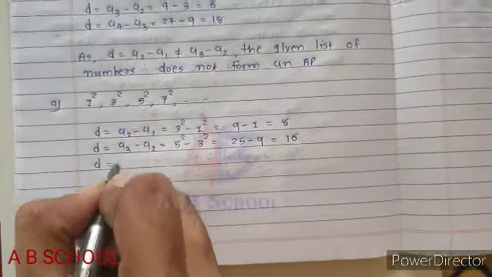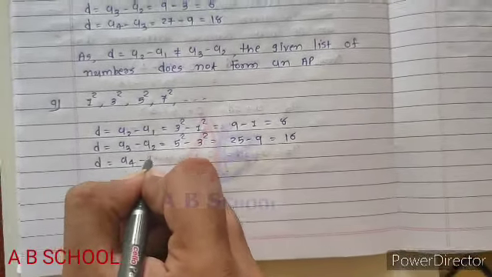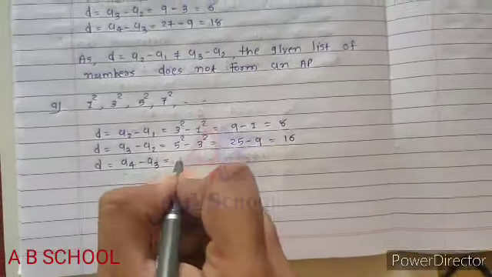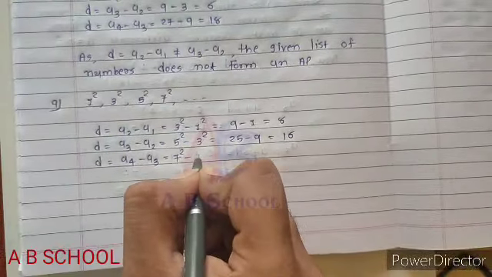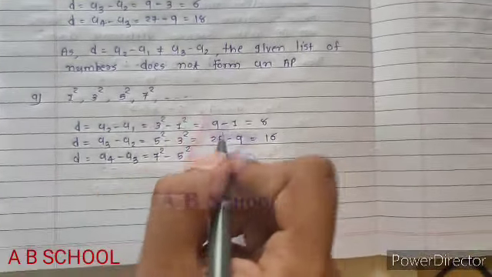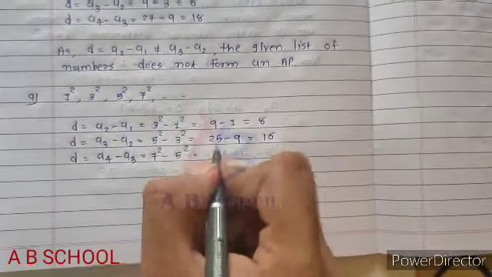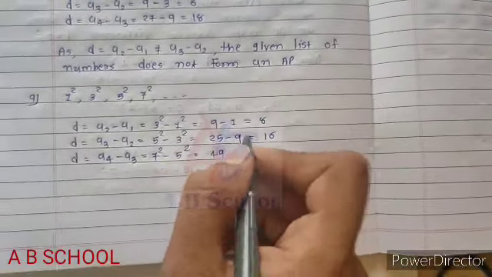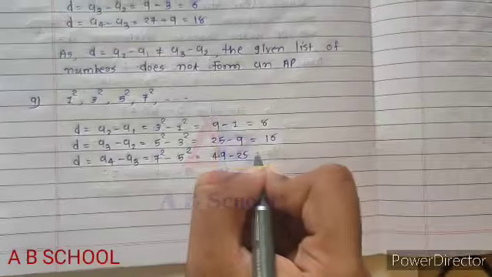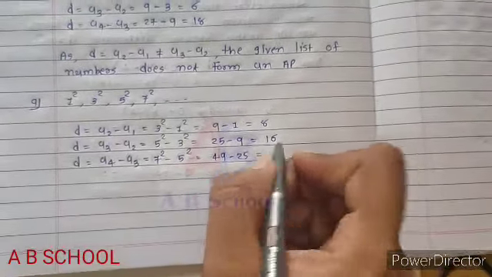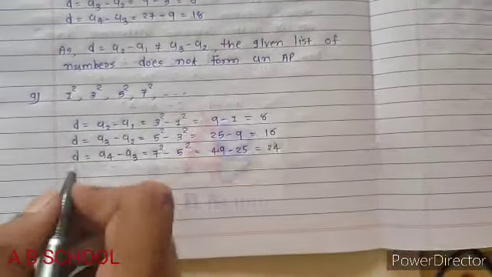The common difference D is equal to A4 minus A3. Value of A4 is equal to 7 square minus A3 is equal to 5 square. So value of 7 square is equal to 49 minus 5 square is equal to 25. So 49 minus 25 is equal to 24.